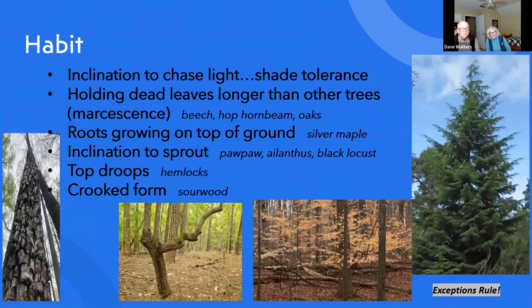But functionally, it's an inclination to chase light. So the trunk and the limbs' main function is to get the leaves in the light to produce sugar water. Okay, so some trees have different habits, and you can identify them or pick them out.